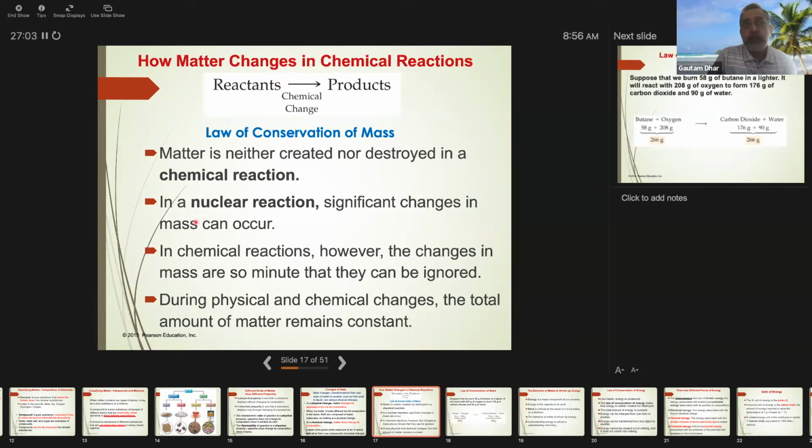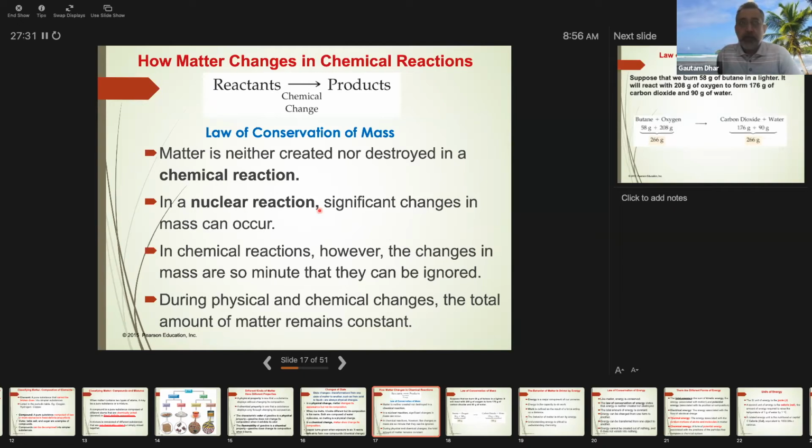Then some reactions, like I said, the nuclear reactions that happen in the nuclear reactors, and also basically the concept of the atom bomb, where a substantial amount of matter gets annihilated, completely destroyed, to give energy.